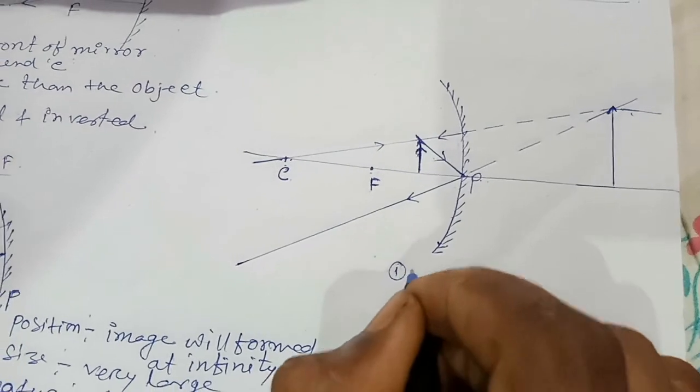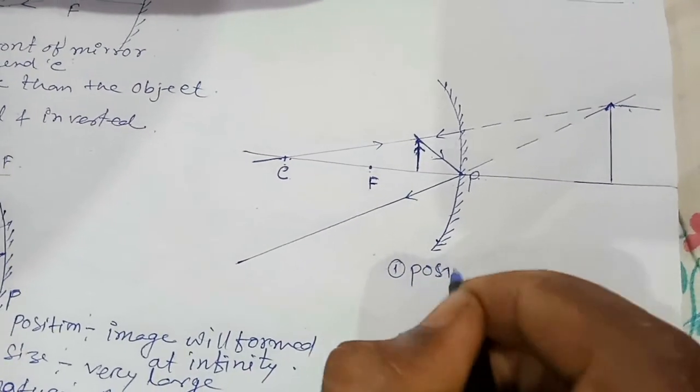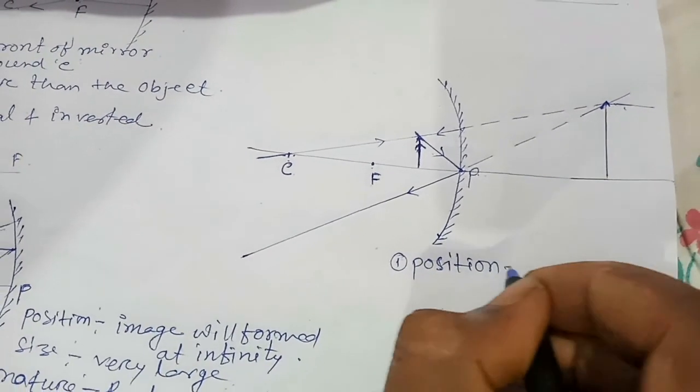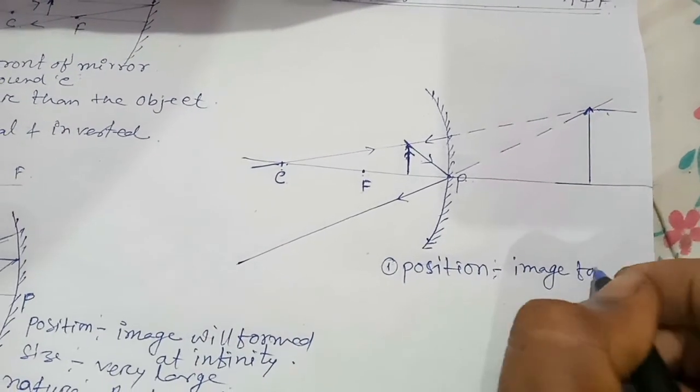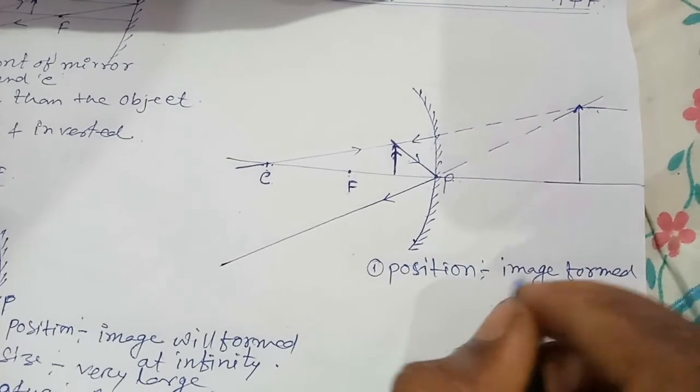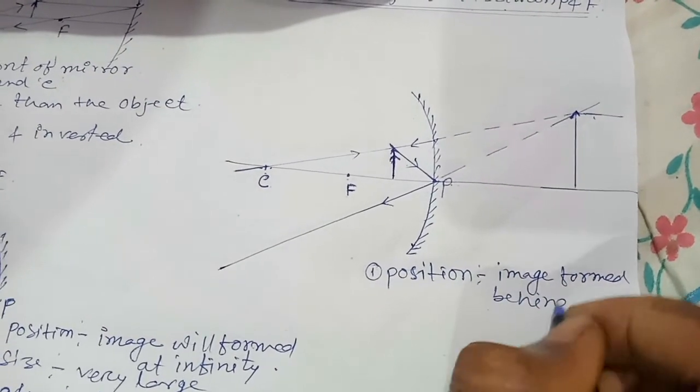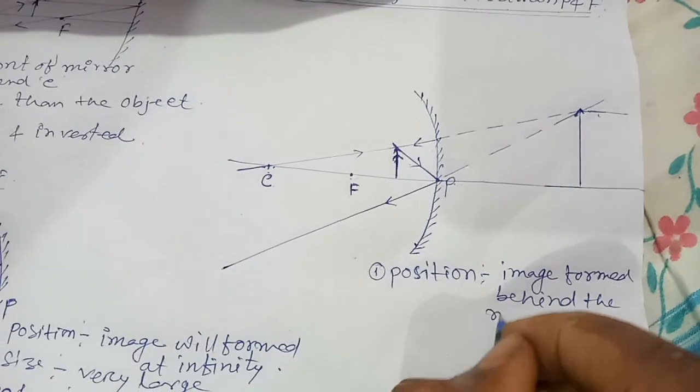So position of the image: image formed behind the mirror.